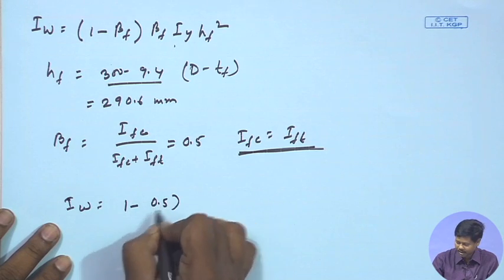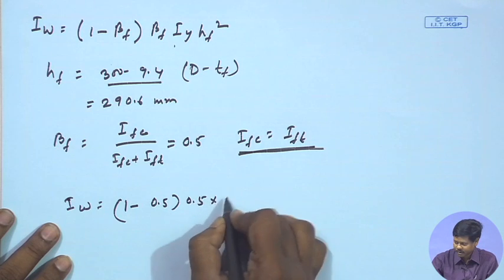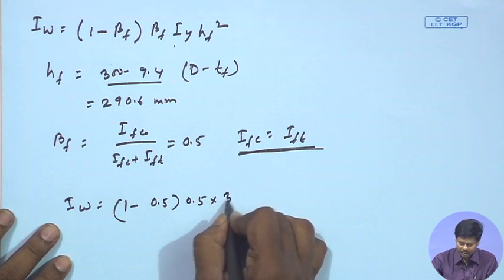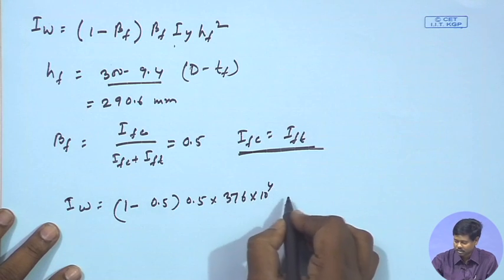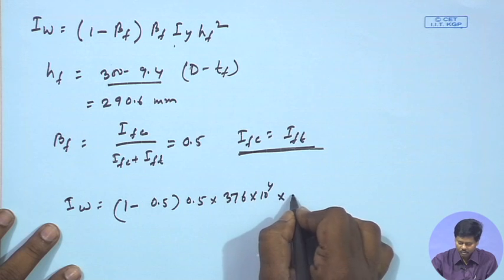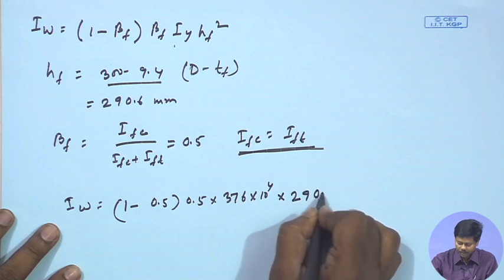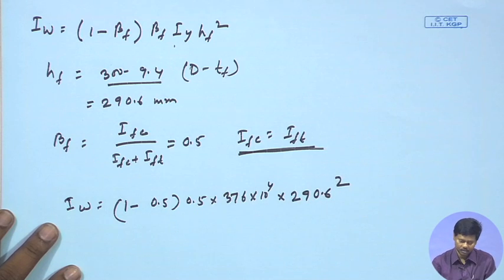So, this will be beta f is 0.5 into IY, we got 376 into 10 to the 4, then we get 290.6 as the HF. So, HF square, right.